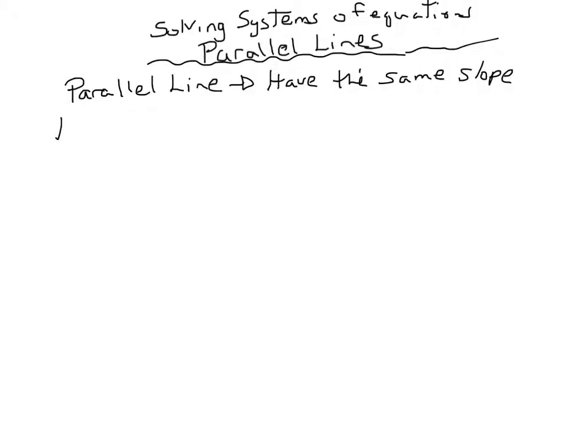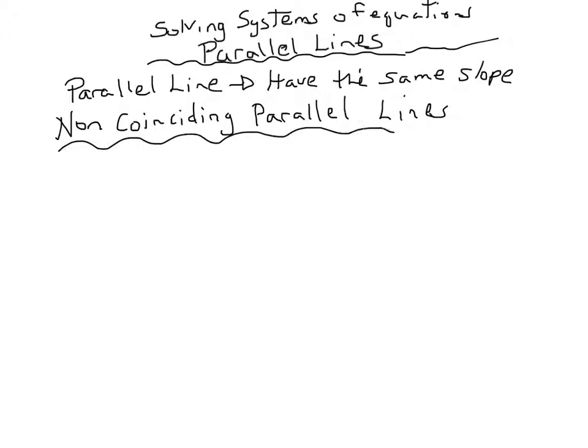We have what's called non-coinciding parallel lines. You can think of them as like the train tracks. What do I mean by the train tracks? They're parallel lines, they go forever and ever in a straight line.